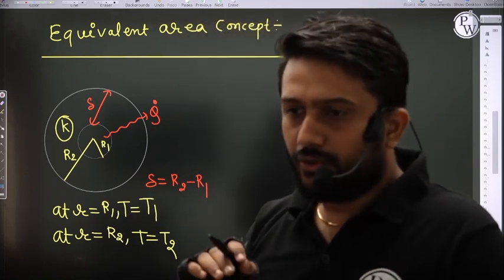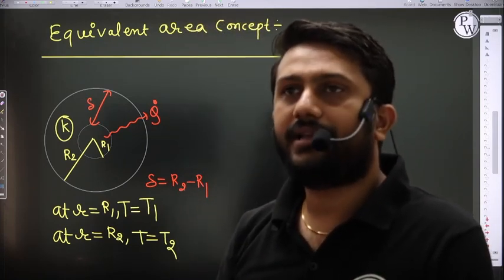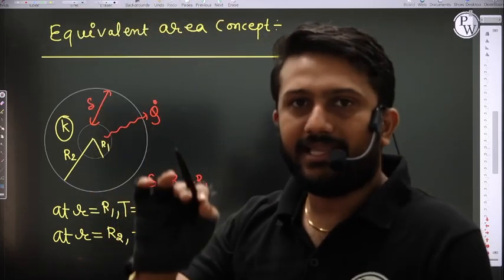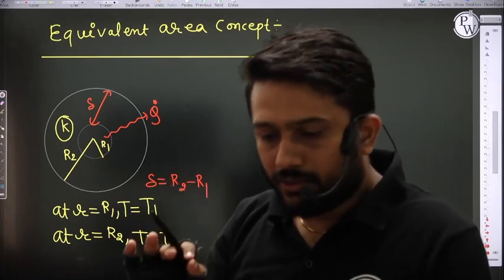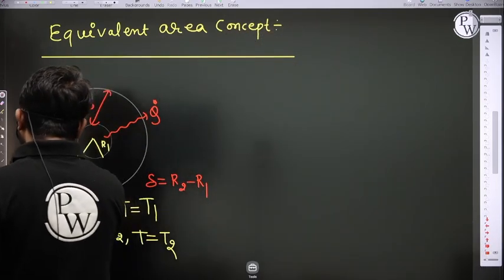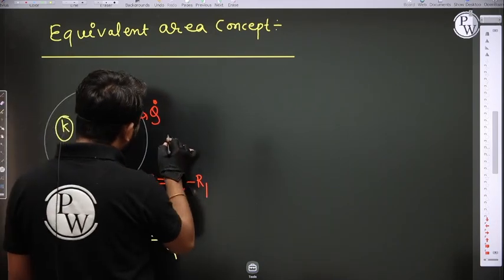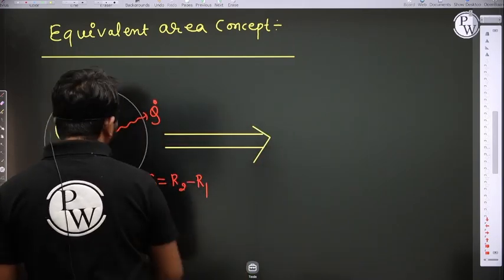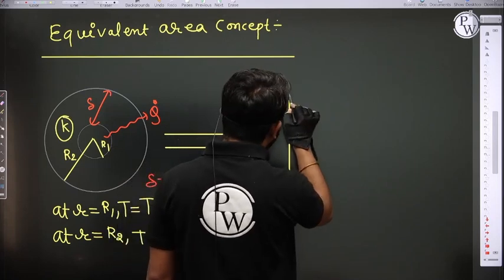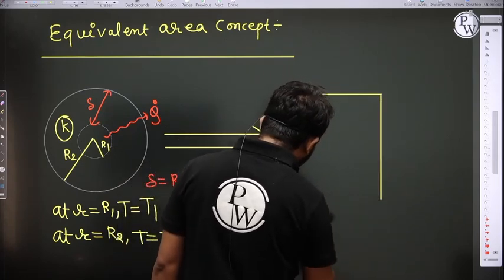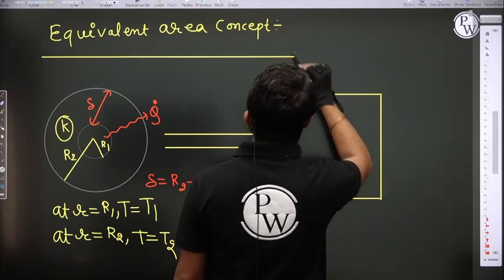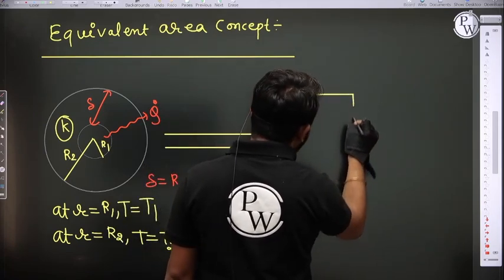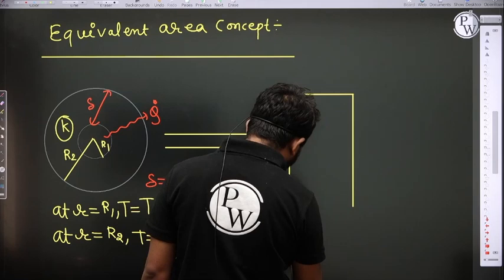Right? So if I want to find the rate of conduction heat transfer from this hollow cylinder by the concept of the plane wall, I replace this hollow cylinder with a plane wall in such a way that the thickness is the same as the hollow cylinder.